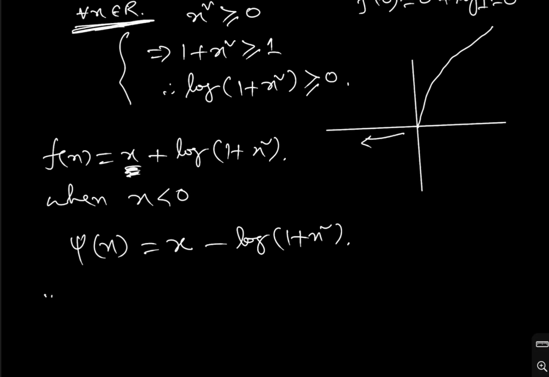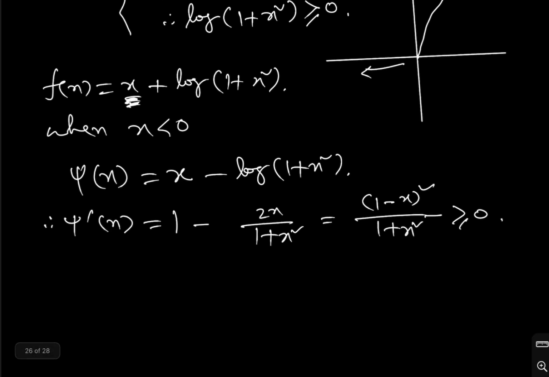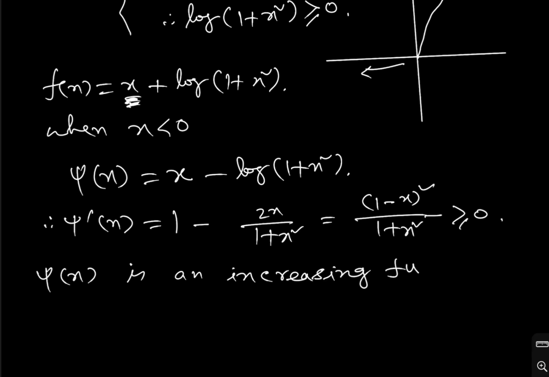Now, as you can see, psi dash x equals 1 minus 2x by 1 plus x square, that is, 1 minus x whole square by 1 plus x square, which is always greater than or equal to 0. So we can say that psi x is an increasing function.